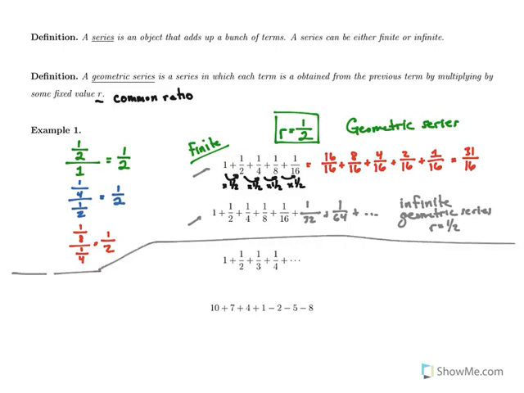If we look at the next example, we have 1 plus 1/2 plus 1/3 plus 1/4. So let's see what the value of r is here. To get from 1 to 1/2, we are multiplying by 1/2. But if we think about this next one, to get from 1/2 to 1/3, we can take 1/3 and divide it by 1/2, which would be 1/3 times 2, or 2/3.